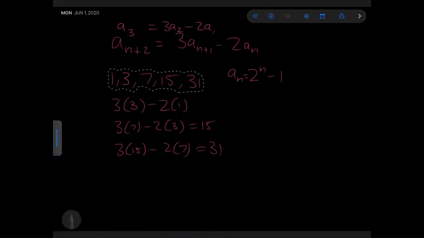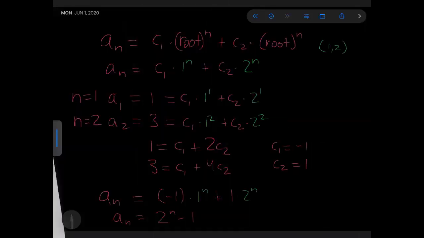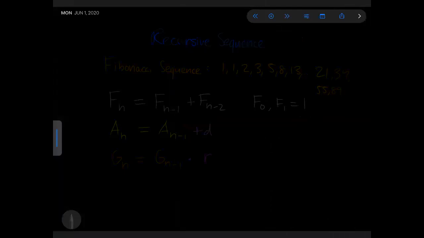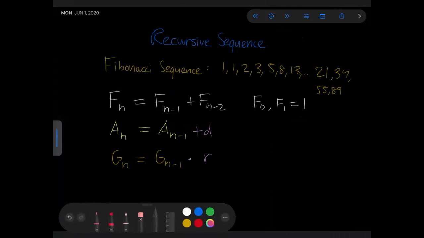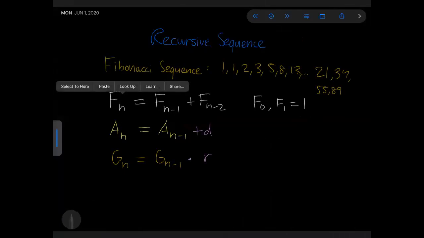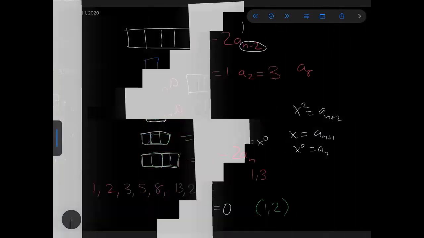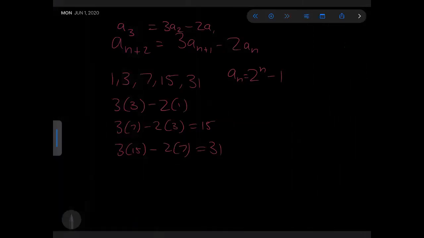So now that we discovered how to do closed form, can we do it for our Fibonacci sequence? Can we find an expression that allows us to calculate the nth Fibonacci number? Yes, we can, and let's do it. We said that f of n plus 2 is equal to f of n plus 1 plus f of n.